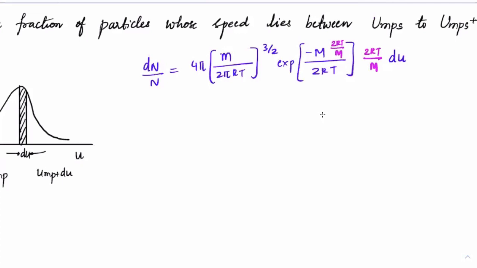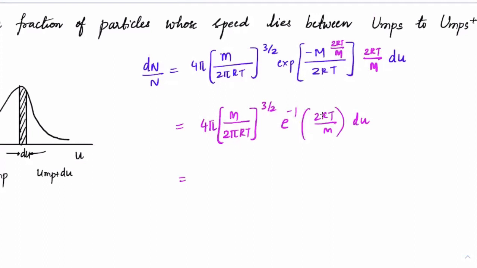So what is left out here? We will get 4 pi into m by 2 pi RT whole raised to power of 3 by 2, exponent minus 1, multiplied by 2RT by m into du.